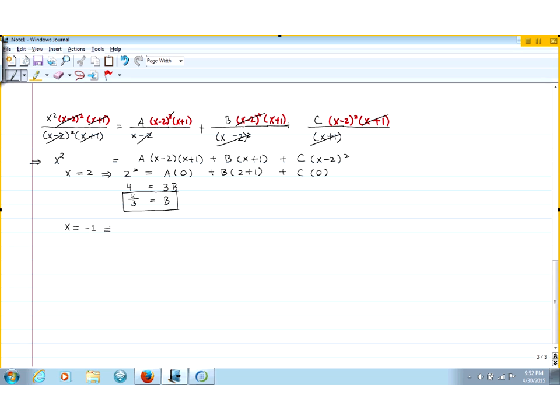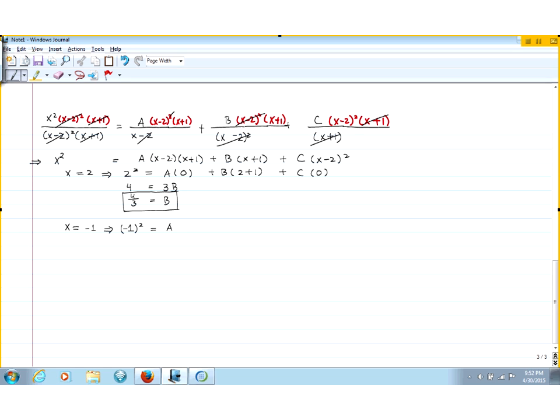Now, what about when x is equal to -1? Then this will be 0, and this will be 0 also, so I could solve for C. Now, when x is -1, look at this. This is -1 squared, so 1.